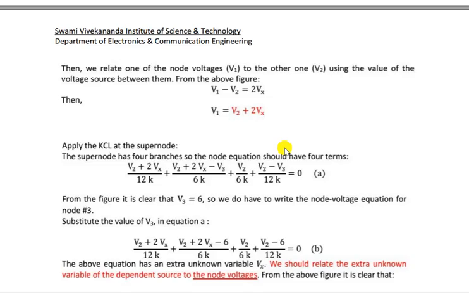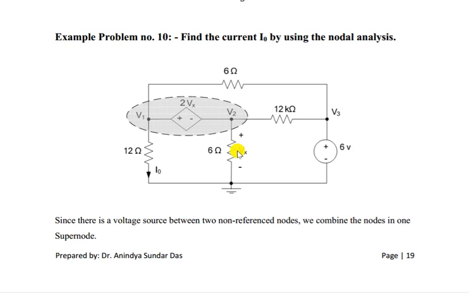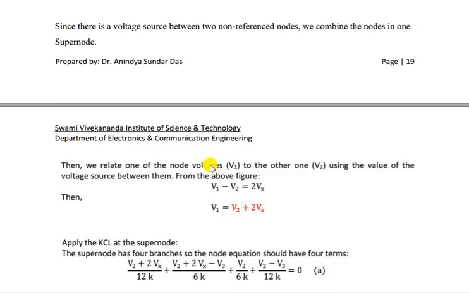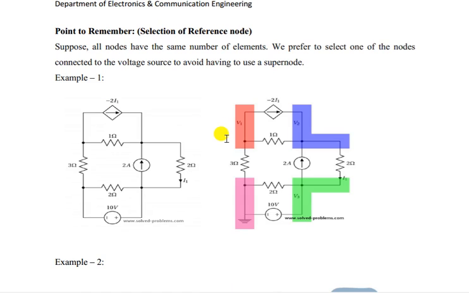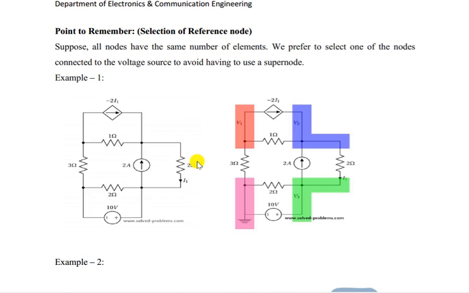So this is how we can solve if there is a dependent source. If there is a dependent source, the only thing is we will get one extra equation for the unknown variable of the dependent source. Now points to be remembered: how we select the reference node, you always have to take care.